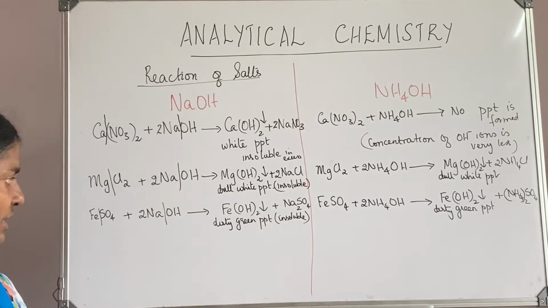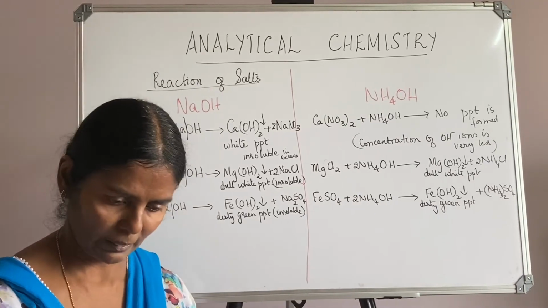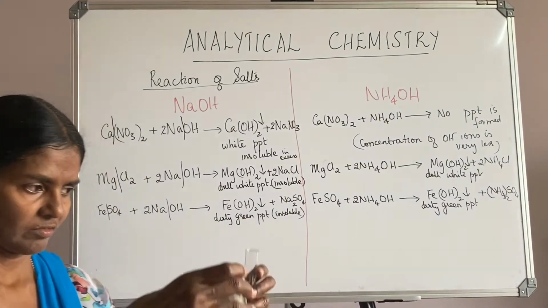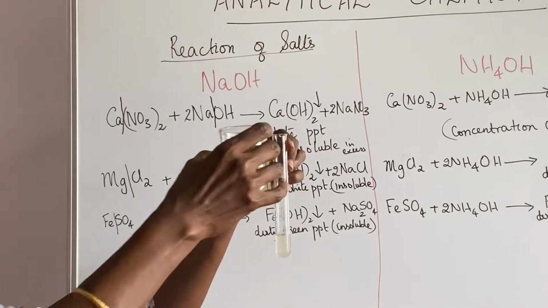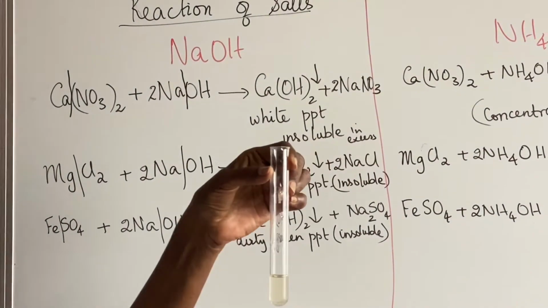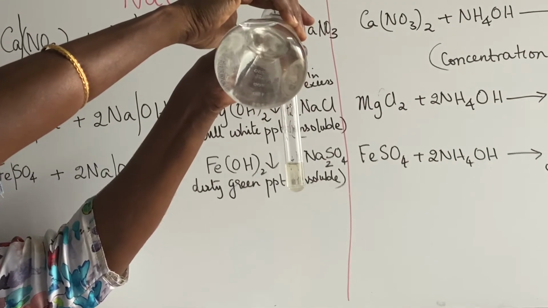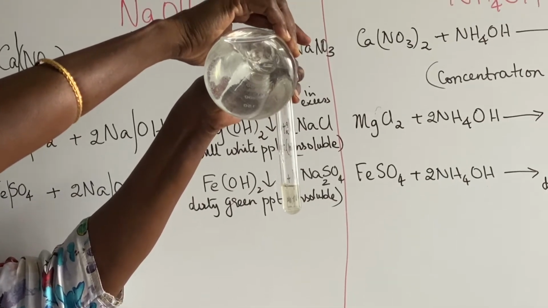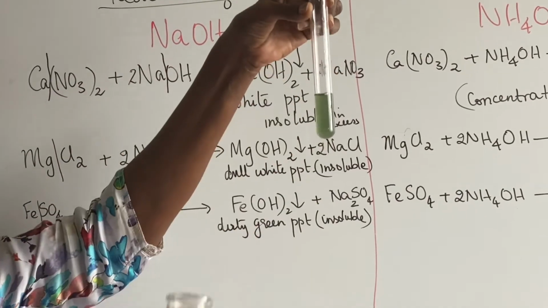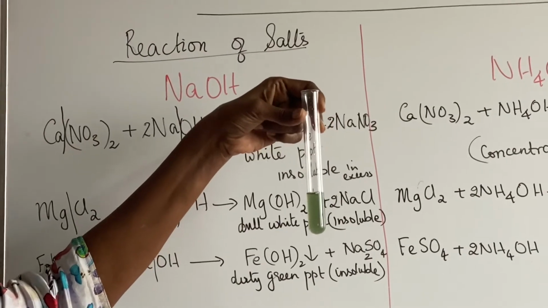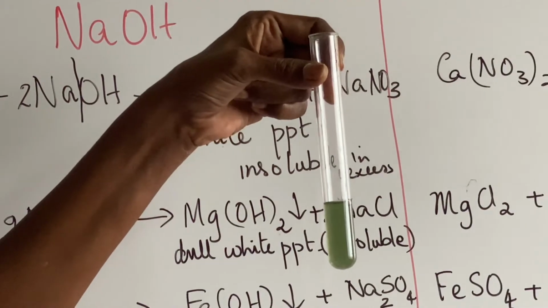Let me show you what happens with ferrous sulphate. Let us first see ferrous sulphate. This is ferrous sulphate solution. If I take NaOH solution here, you get a dirty green precipitate. Okay.